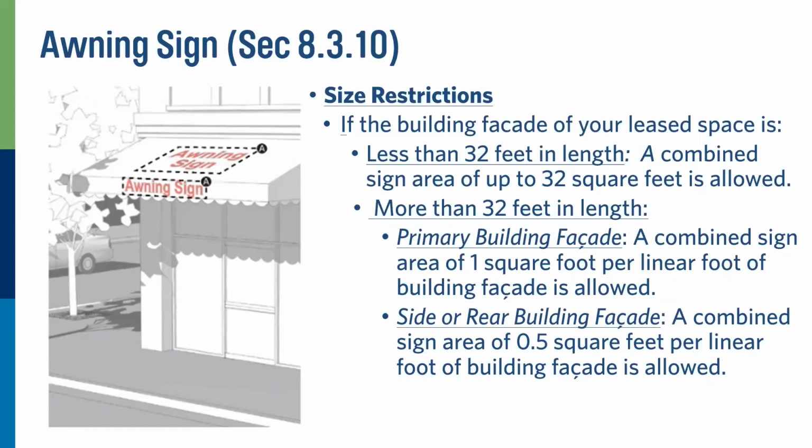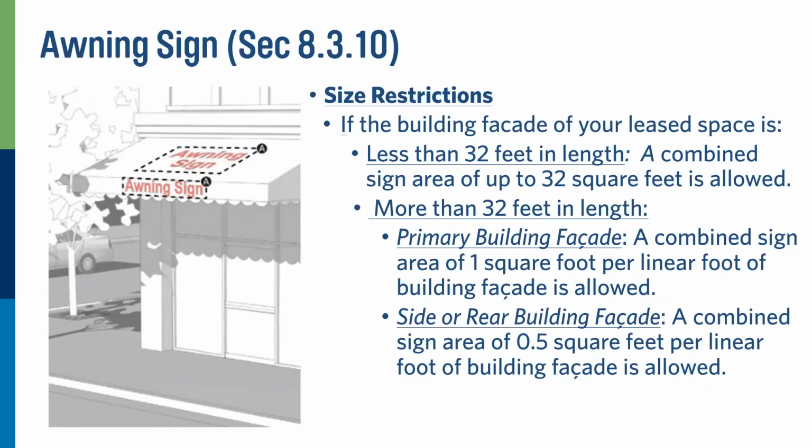If that is less than 32 feet, then you're allowed a combined sign area of up to 32 square feet. If it is bigger, if your building facade for your space is say 50 feet, you're allowed a combined sign area of 1 square foot per linear foot.